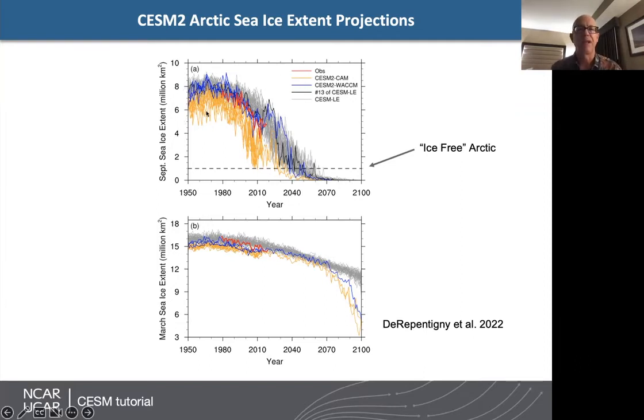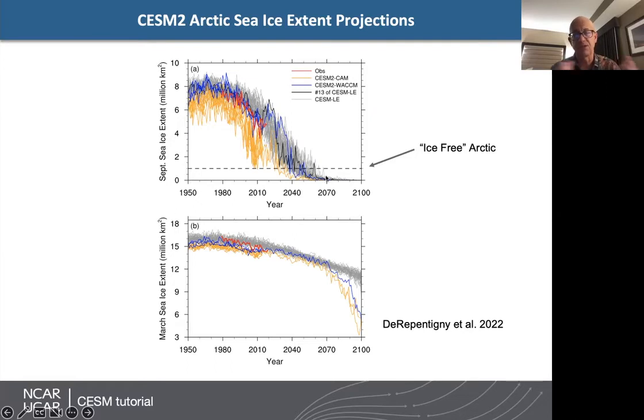The year changes, and there are some biases, of course, spread across the models. I think this is looking at a business as usual scenario into the future. And basically, we're going to be by 2070 in an ice-free Arctic Ocean.